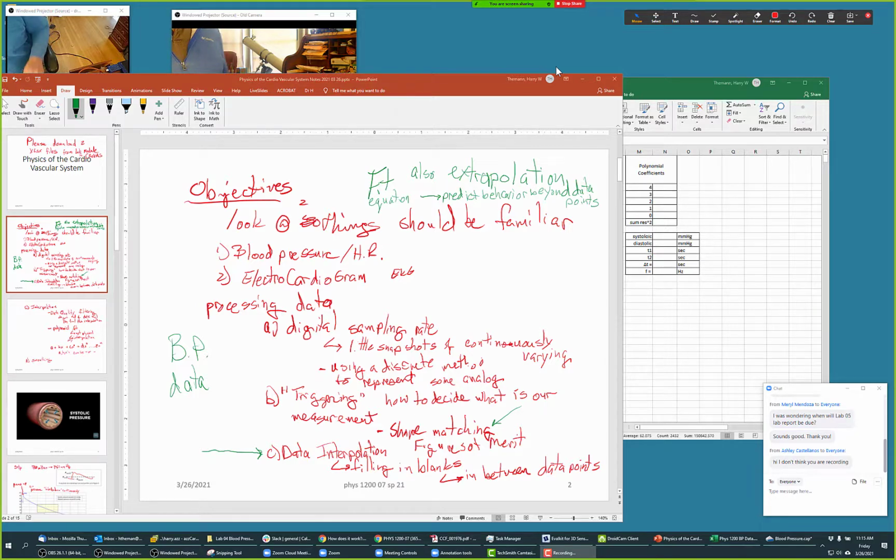So anyways, as I was saying, we've done a fit before, and also a fit equation. The factors, in our case we do straight line fits, so we have a slope and a y-intercept.